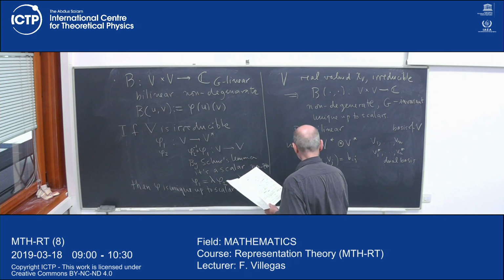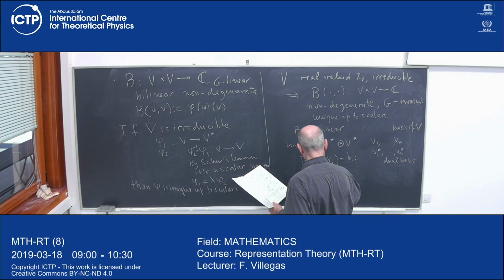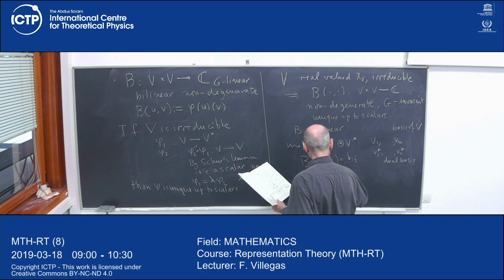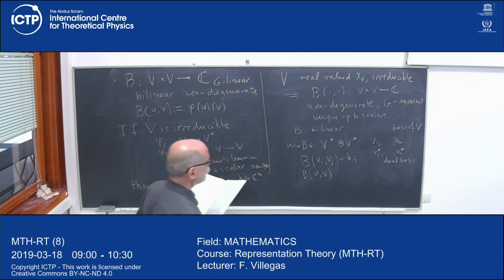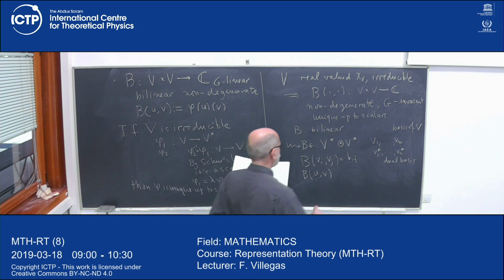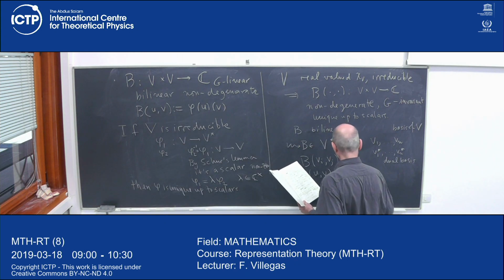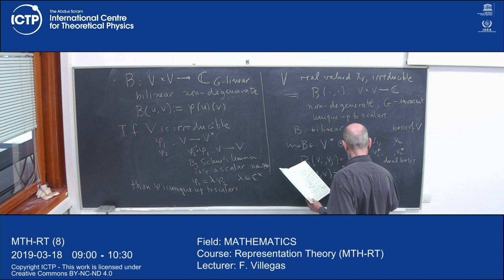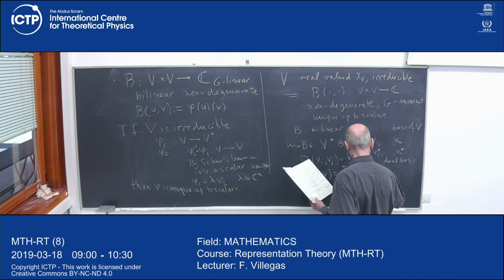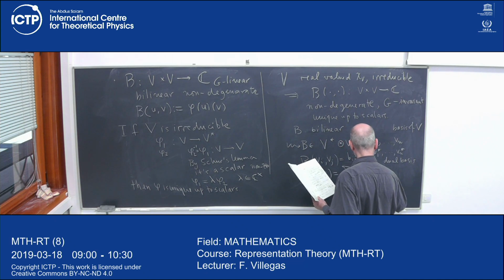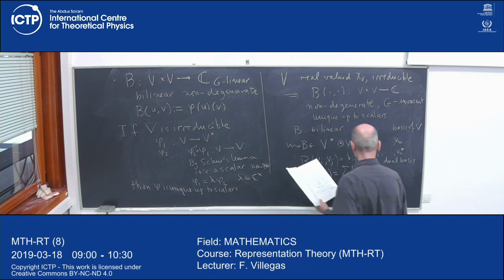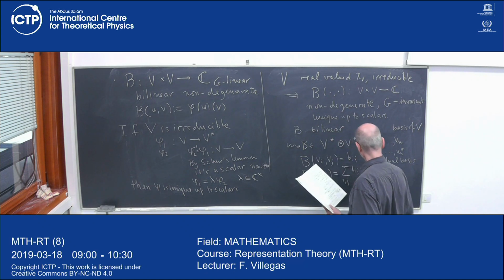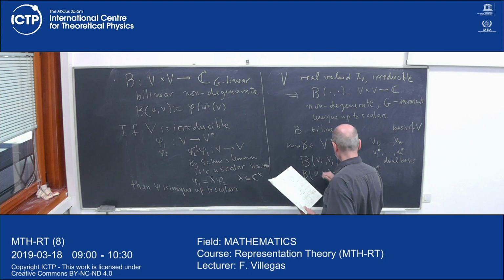So if I want to compute the value on a pair U and V, this is the same as computing Bi dual tensor Vj dual.